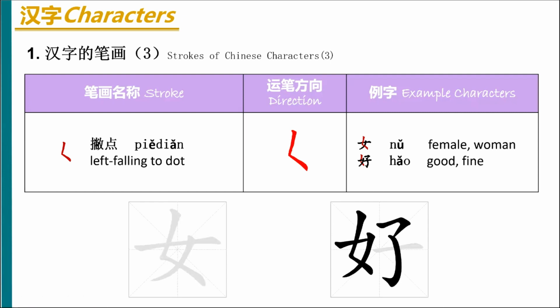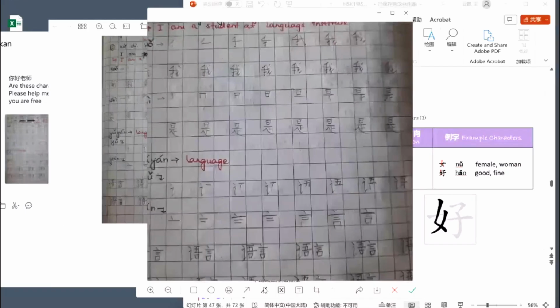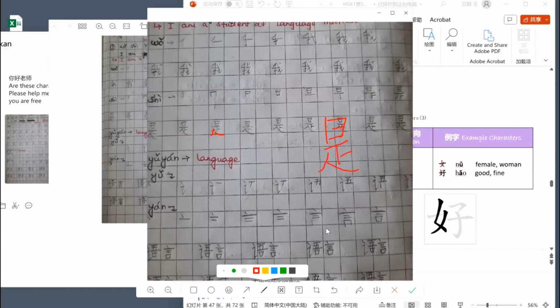Now let's practice 撇点 first. 是, that's right. Well, 是, this 撇 you need to write a little lower. Like this.